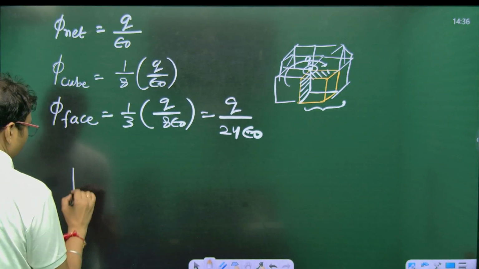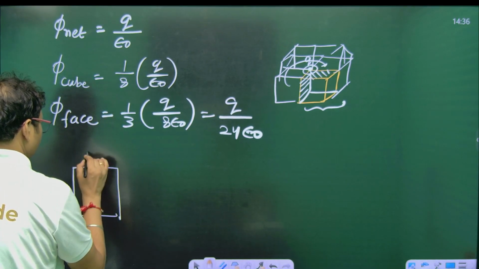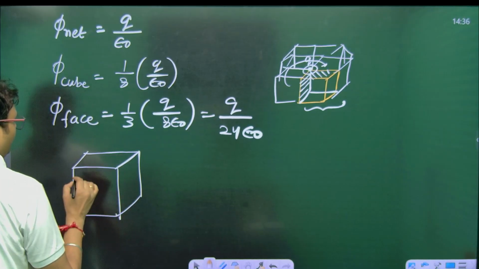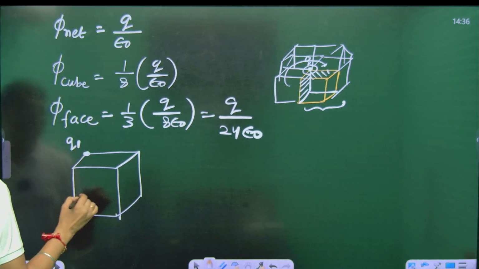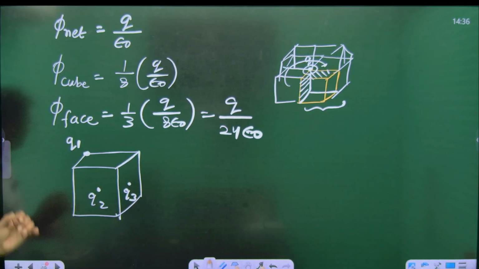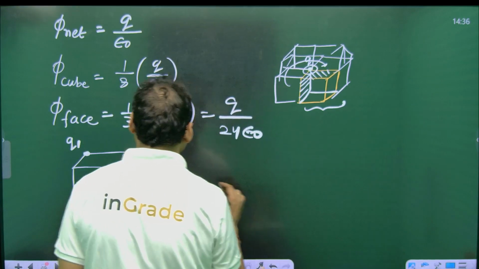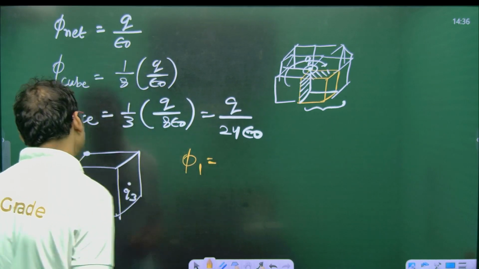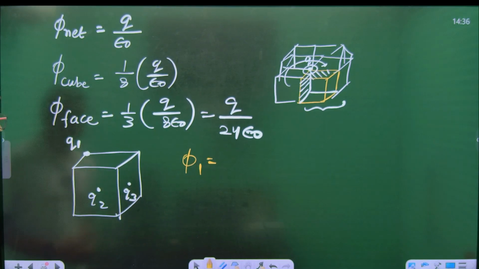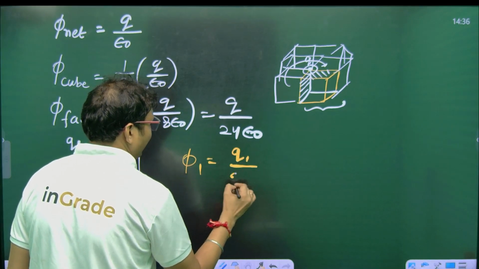Similarly, if I take a similar type of example, look, like this. There is a charge q1 here, there is a charge q2 here, there is a charge q3 here. Combination of all these 3 cases. So due to q1, we require 8, so phi 1 will be equal to q1 upon 8 epsilon naught.